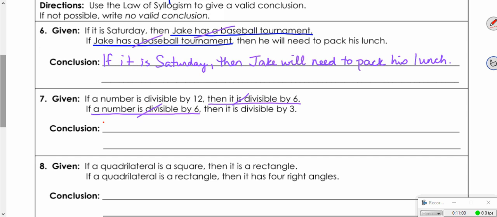So we have, if a number is divisible by 12, then it is divisible by 3. Way too much writing for a math person.